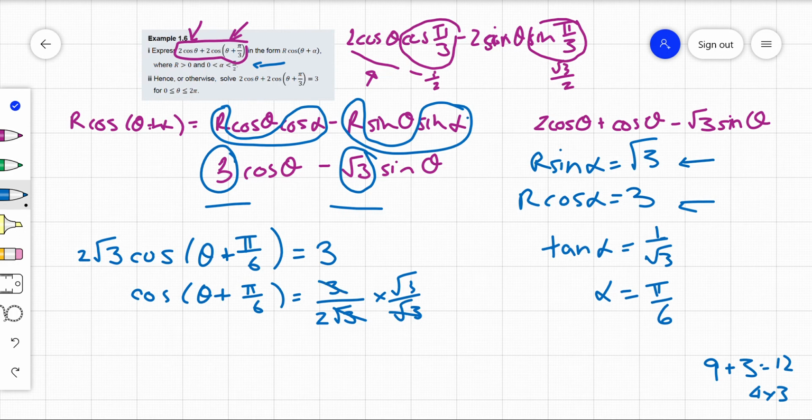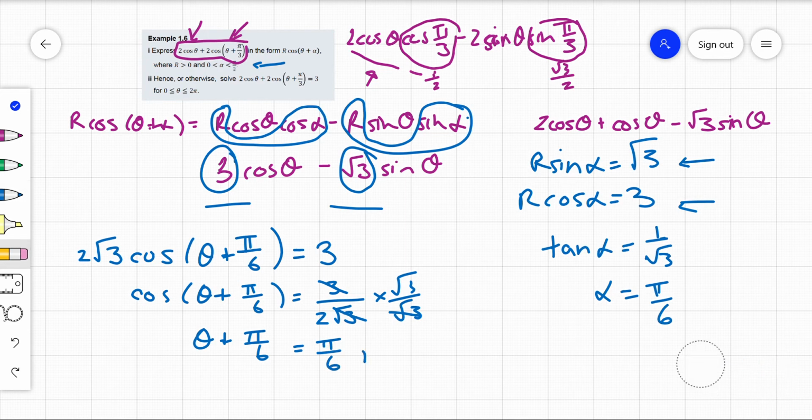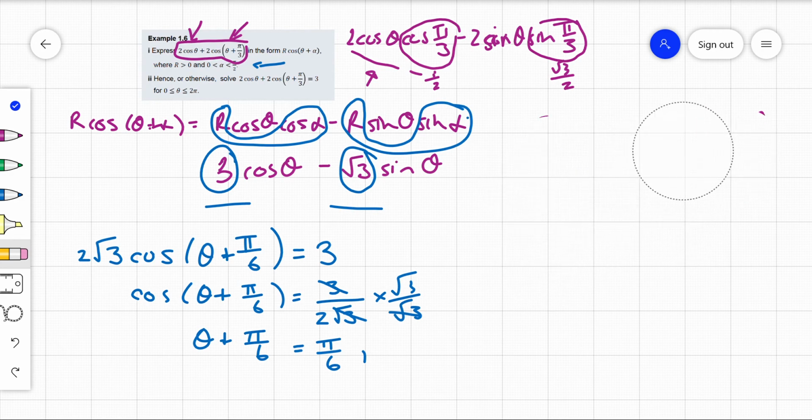Now, you are used to inverse cos of root 3 on 2, I think. That would be our 30 degrees, so our pi on 6. So we are going to get pi on 6 as our first angle. Don't forget that we've been told theta is between 0 and 2 pi.